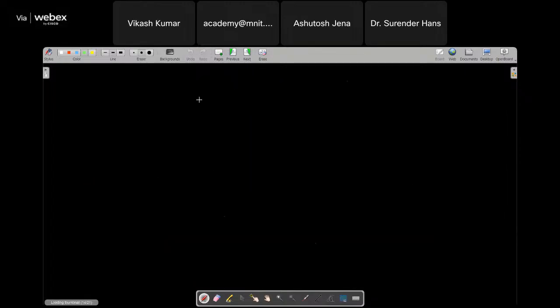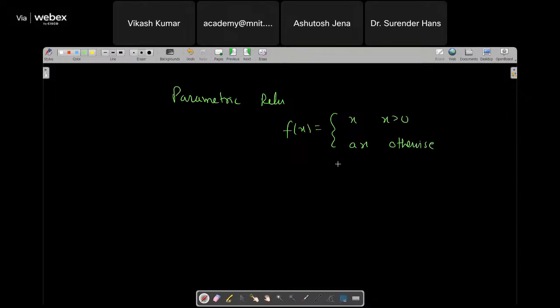So now in parametric ReLU, f of x is equal to x if x is greater than 0, and ax otherwise. So here f of x is equal to ax, where a is a trainable parameter depending on the data.